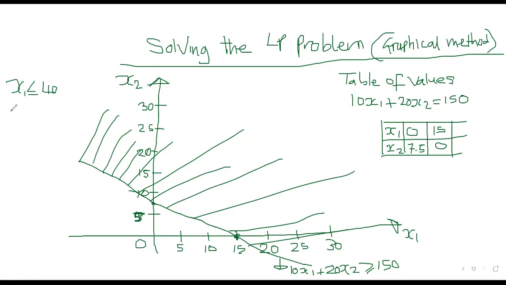So it will be x1 is equal to 40. Draw a line where x1 is equal to 40. So 35, 40.